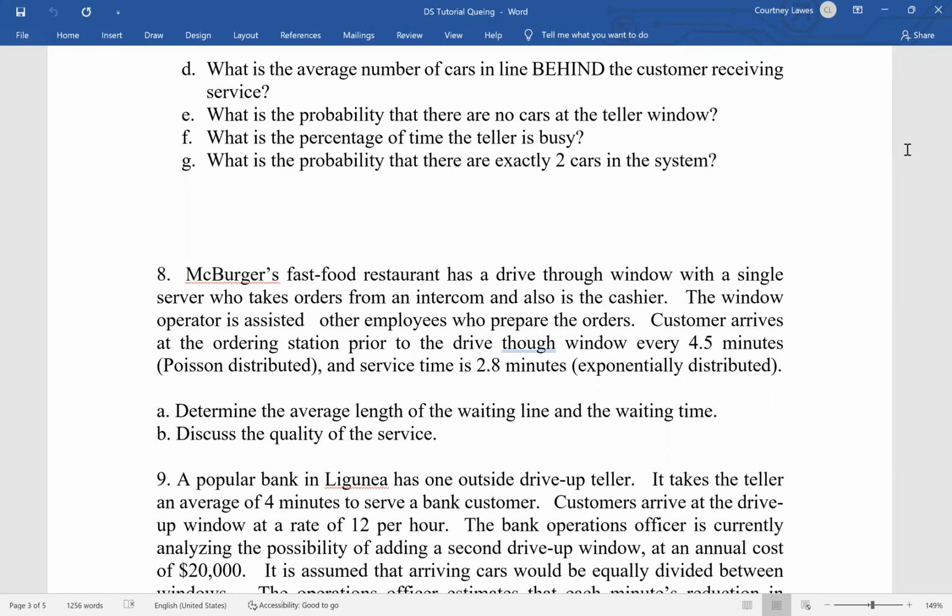You do per hour, divide by 4.5. So we arrive at the rate of 13.3, and mu is 21.4. So that's fine, it's 0.62. So it's okay then. I was checking. Yeah, so it's fine, 0.62.